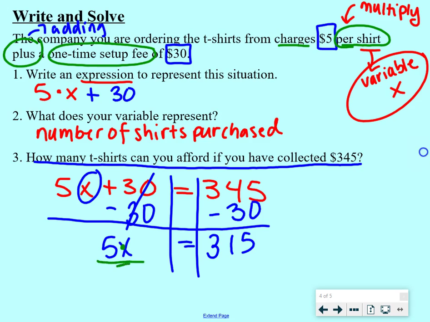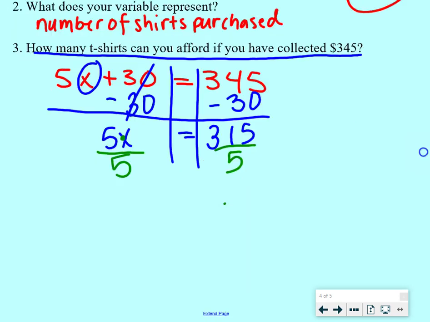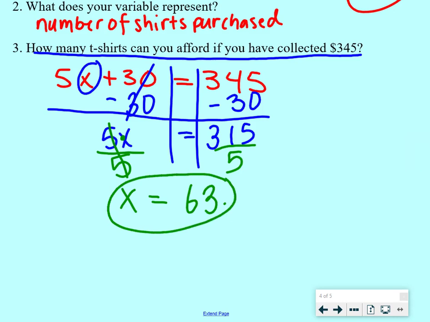We have multiplication, so we're going to undo it with dividing by 5 on both sides. We get x equals 315 divided by 5 is 63. That means we could purchase 63 t-shirts with $345. It's a lot of t-shirts.